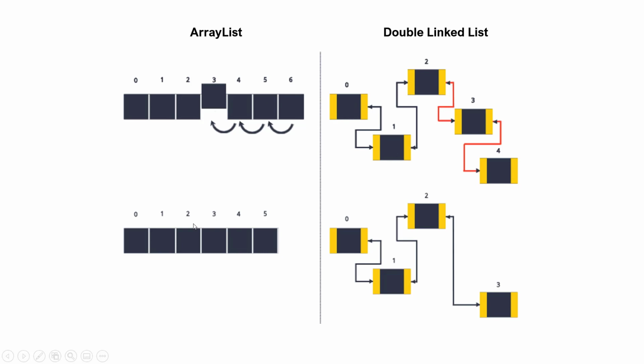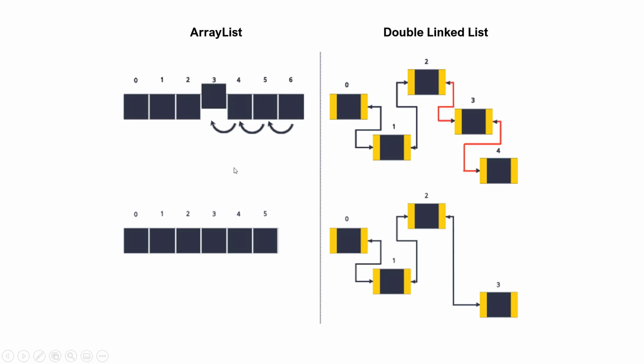Okay, and the array list works so that underneath it has an array and it uses indexes, but it also has the consequence that when we need to remove an element or add an element, then we might have to shift some of the elements to the left if we are removing index 3, for instance.